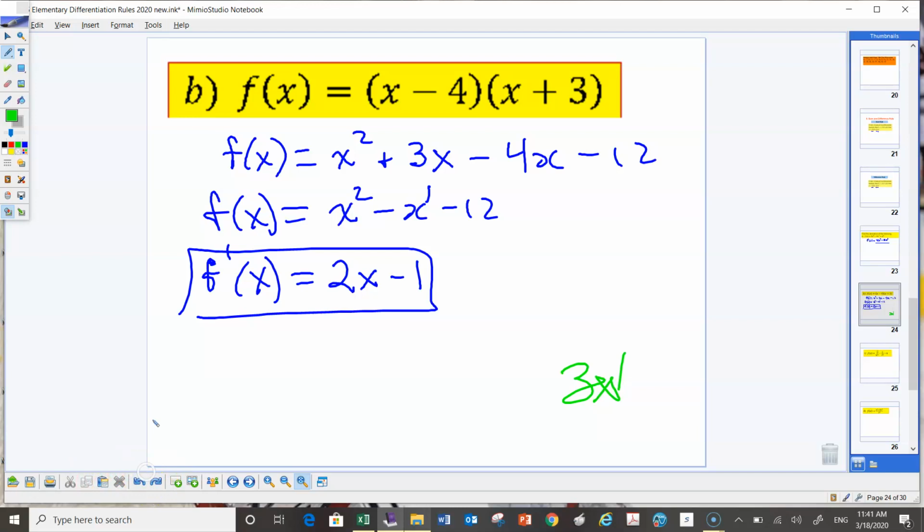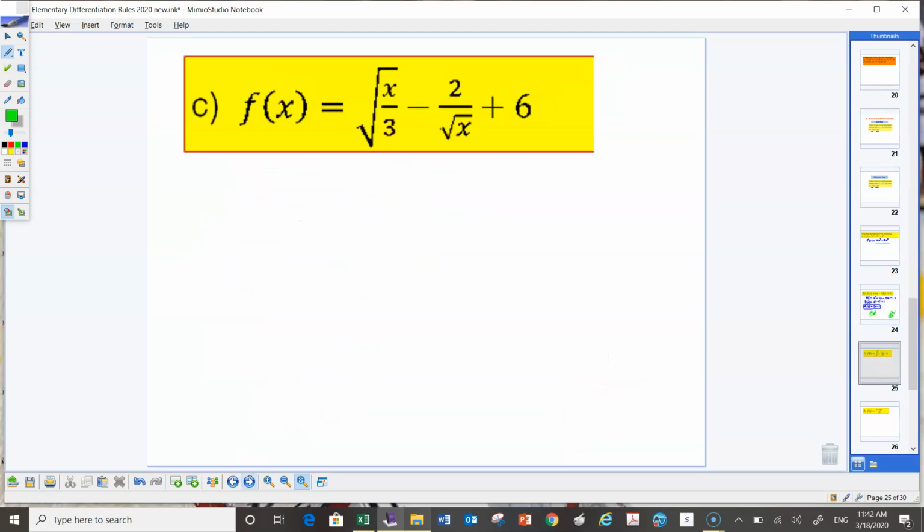If I have 3x raised to the power of 1, bring the 1 out front. 1 times 3 would be 3. That would really be x to the 0, and x to the 0 is 1. So my derivative is 3. So anytime we have a constant times x to the first, the derivative ends up being just your constant.